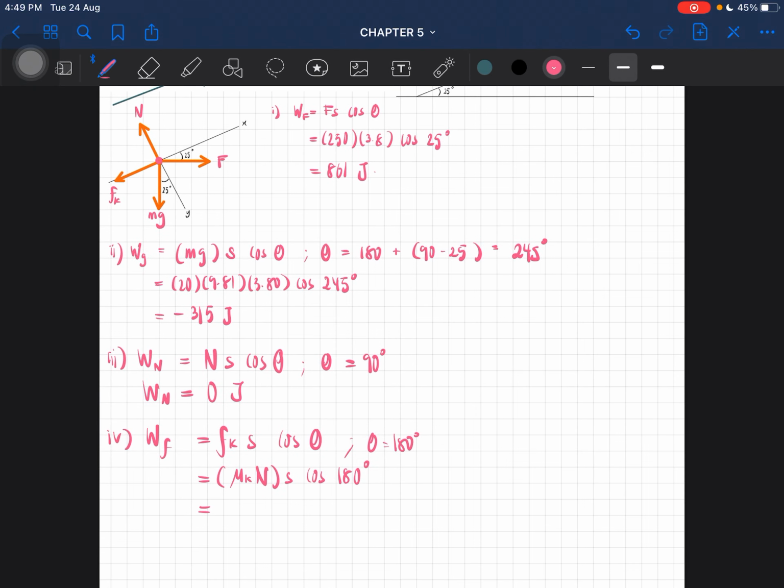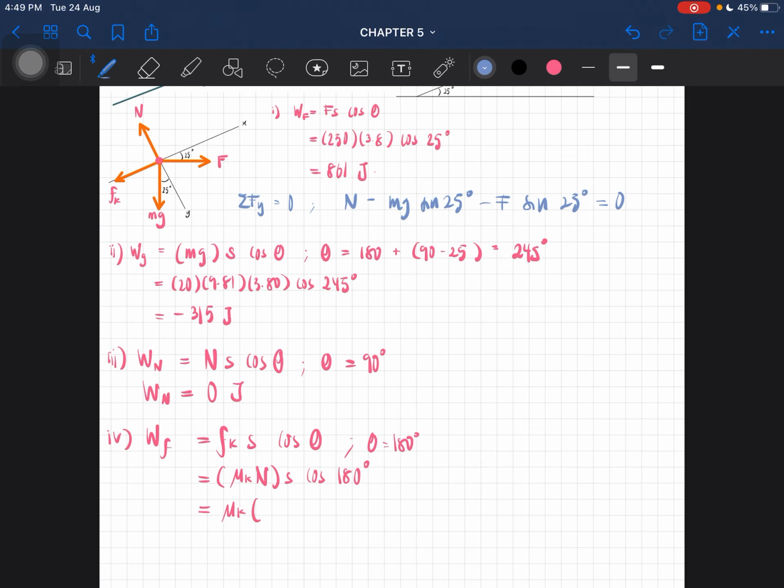This is a combination with chapter 4. So mu k n is equal to, let me use this color. Now we have the sum of forces at y equal to 0. Thus we find n minus mg sine 25 degrees minus f sine 25 degrees equal to 0.